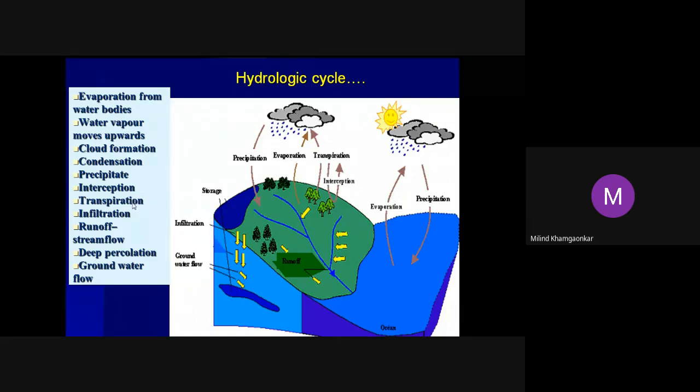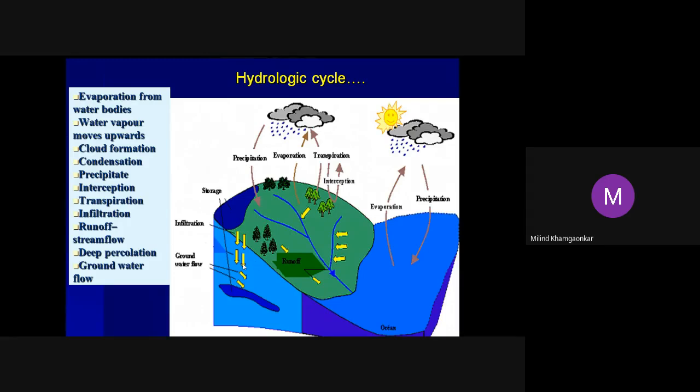Before that, some water is lost through transpiration, that is evaporation from the plant leaves. Then some water is absorbed in the soil, which we call infiltration. Some water, after the soil is saturated, moves over the surface of the earth due to the topography, the slope, which is called surface runoff.